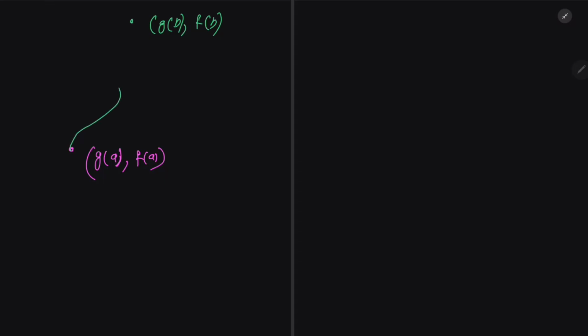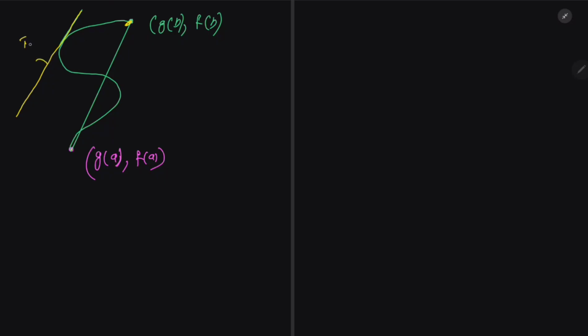Suppose we have such a curve over here. The theorem says that if you join these two points, you get a secant line, and there is also one tangent line which is parallel to this secant line.